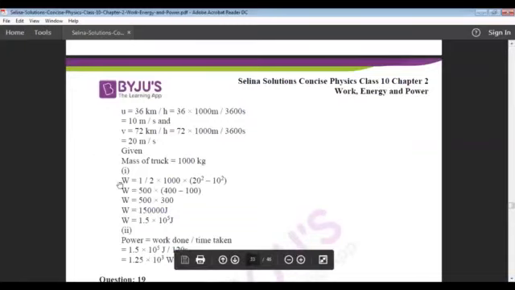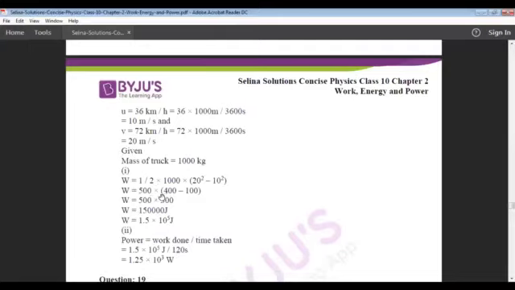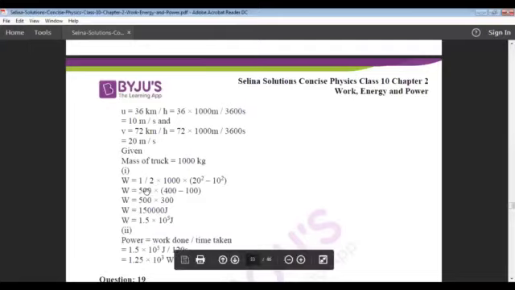It is nothing but the change in kinetic energy. Half into 1000 will be 500, and 20 square is 400 minus 10 square is 100. If you simplify this, you're going to get the work done as 1.5 into 10 raised to 5 joules.